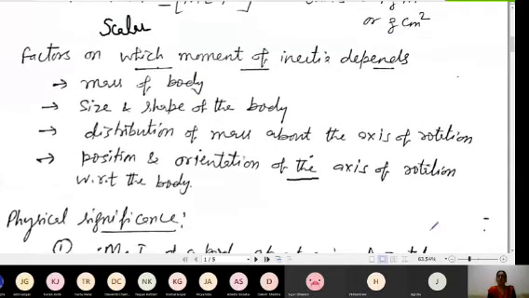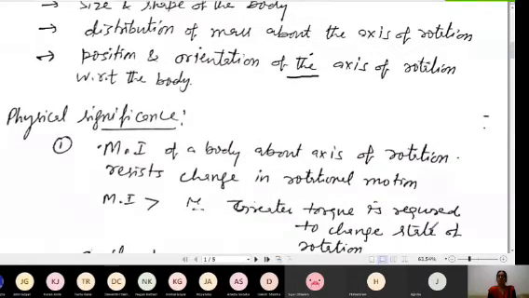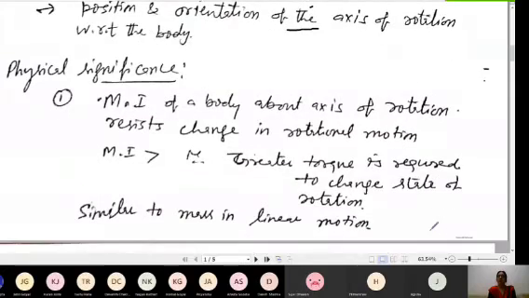Now, what is the physical significance of the moment of inertia? Moment of inertia about the axis resists the change in the rotational motion. Like, the more the mass, the more the inertia. Similarly, if the moment of inertia of a body is greater, you need a greater torque to change the state of rotation.